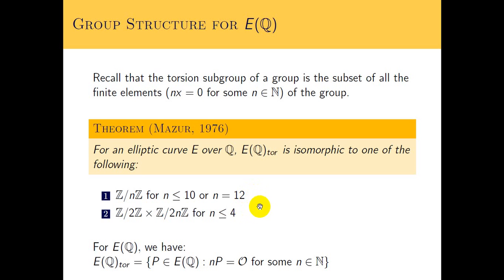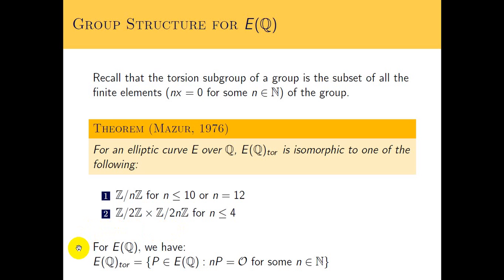I think there are 16 possibilities in total. For instance, the torsion subgroup can be cyclic up to order 12 but not 11, and it can look like a direct product of even powers of integers here.